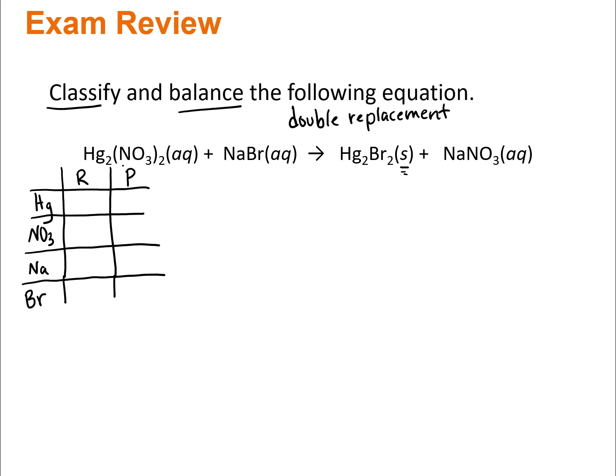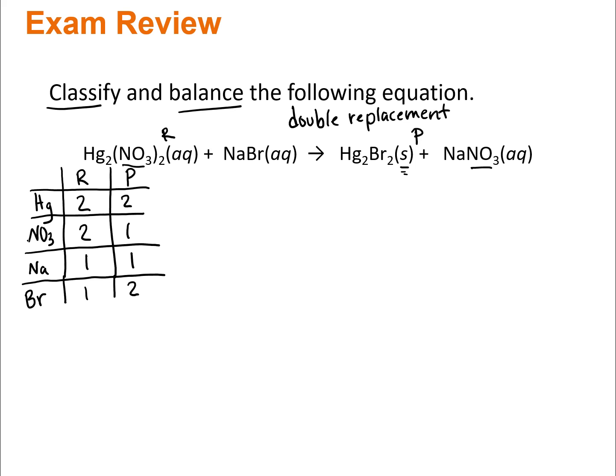We see NO3, which is nitrate, on both sides, so we can keep it together. We don't see any nitrogen or oxygen outside of that. So we can count. We've got 2 mercuries, 2 nitrates, 1 sodium, 1 bromine. That's all on the reactant side. On the product side, we've got 2 mercuries, 2 bromines, 1 sodium, and 1 nitrate. So we're not balanced.